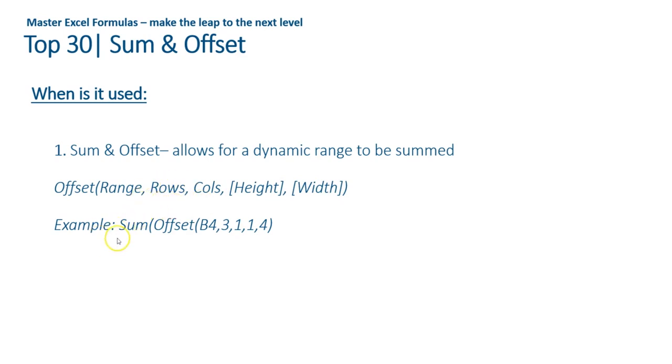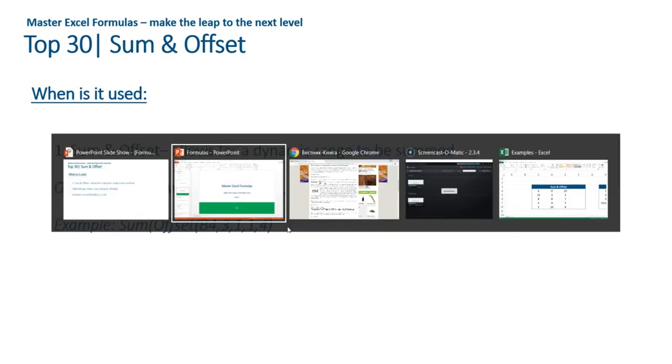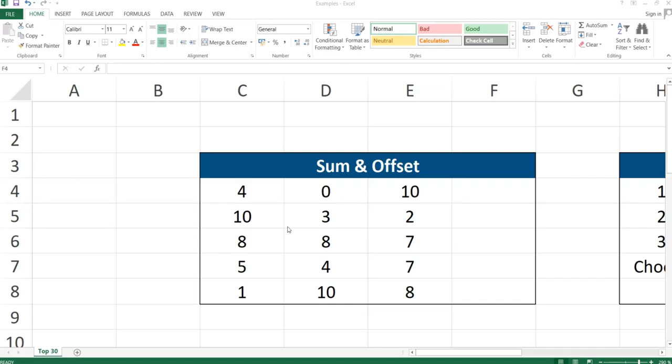So as you can see, you have an example here as well, but let me just go to the sheet with the examples. Here I have prepared a few columns with numbers.